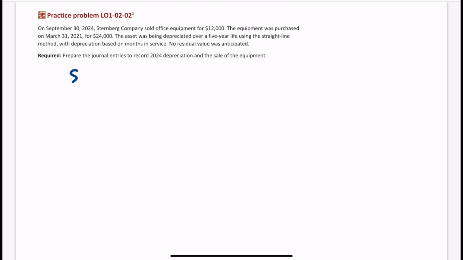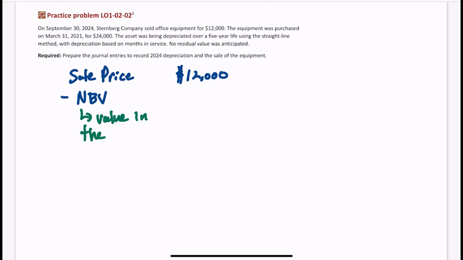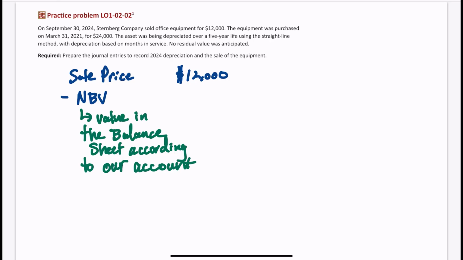So our sale price, we sold this asset for $12,000, and the value of the asset, the net book value, is the value in the balance sheet according to our accounting calculations.